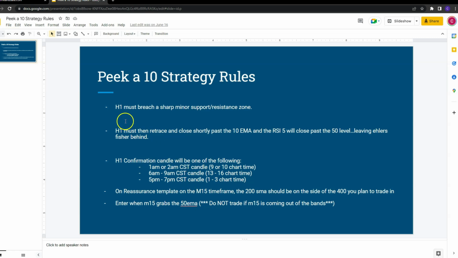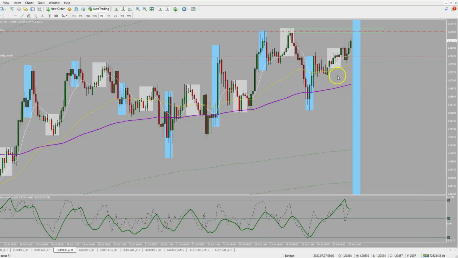The first rule says that H1 must breach a sharp minor support or resistance zone. So here, this area right here, we have a sharp area of what was resistance, because once this made this sharp point and then came down, once we came back up, we broke it as resistance.